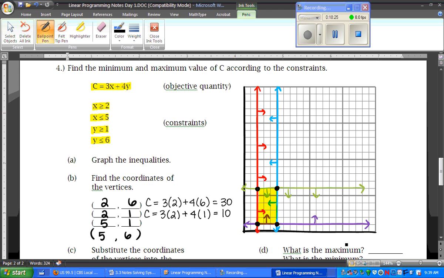That should give you 10. For the third one, I plug in 5 for x, 1 for y. Will give you 19. And for the last one, I plug in 5 for x, 6 for y, and you should get 39.